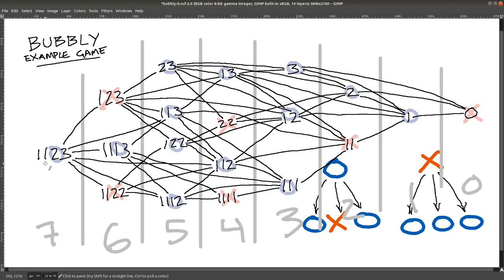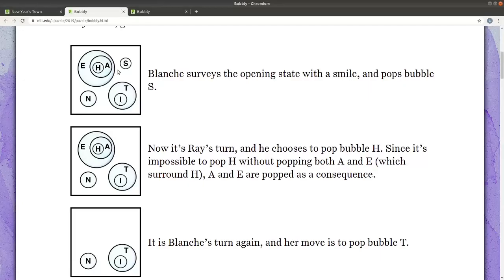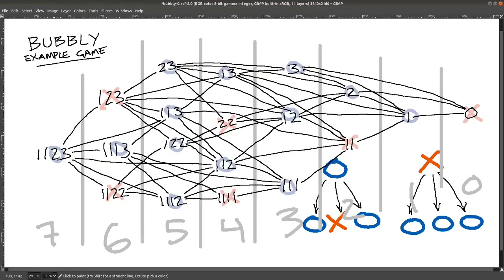So what does it mean to move from 1, 1, 2, 3 to 1, 2, 3? In that case, that means popping either of the ones that are just a single bubble. Like Blanche did here. Blanche moved to 1, 2, 3, and that leaves Ray with these 3 bubbles. Okay, so S would be a winning first move, and N would be a winning first move. You could also go from 1, 1, 2, 3 to 1, 1, 2, 2.